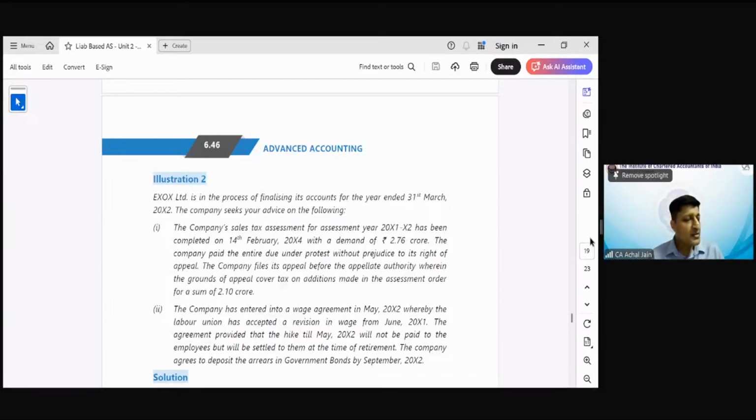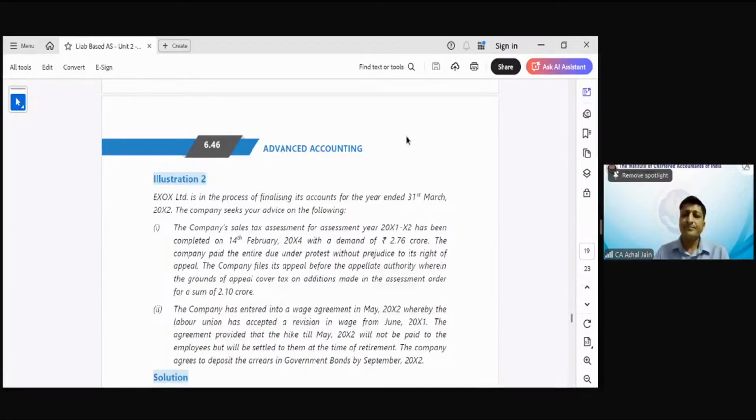So in this case, what will you do? Over to you. Quickly. What will be the accounting requirement for this second situation?